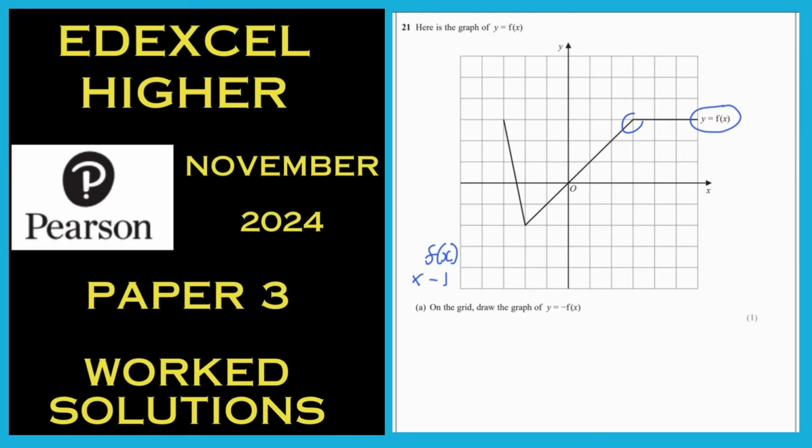So if it's a positive y, it reflects to be a negative y, otherwise known as a reflection in the x-axis. So anything above, 3 above becomes 3 below. 2 below becomes 2 above, 3 above becomes 3 below.